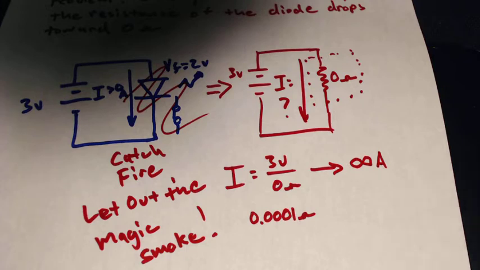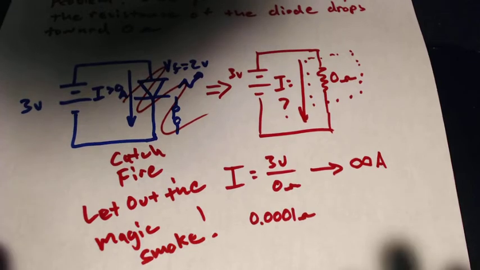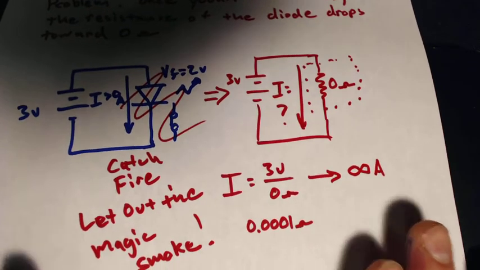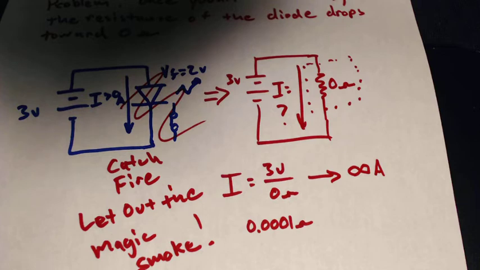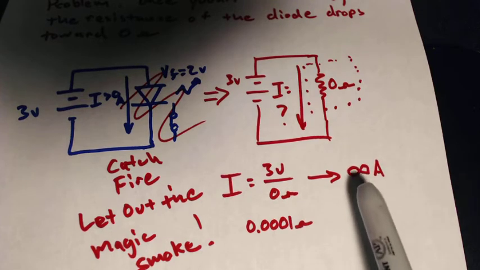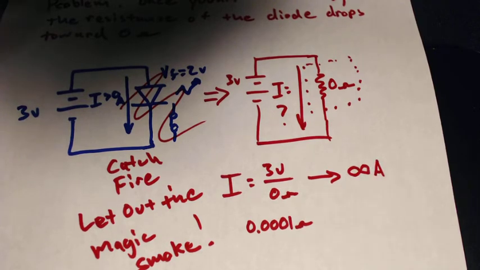So we need to fix this problem. So how can we do that? What can we add to this circuit in order to prevent this current from going to infinite? Think about that for a second. What can we add to that circuit?